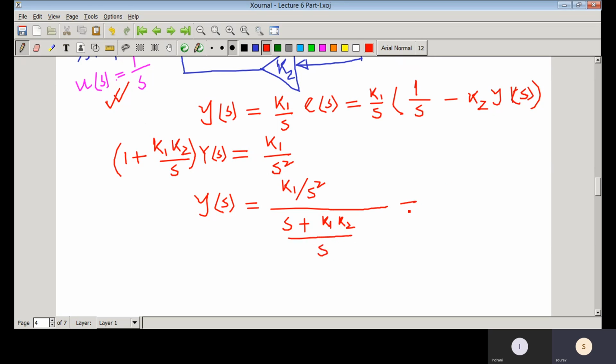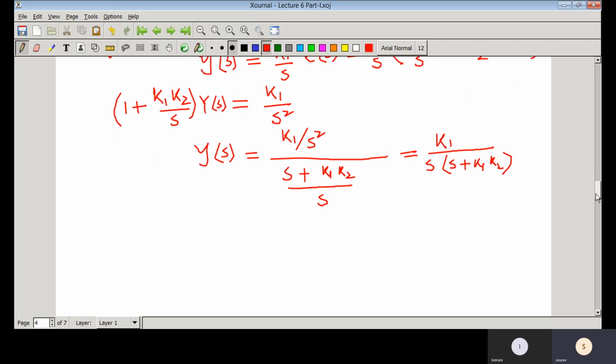Now if you simplify this one, you will get K1 divided by s into (s plus K1 into K2). So now we'll be applying the final value theorem. If you would like to apply it, then we need to see whether sY(s) is analytic or not.